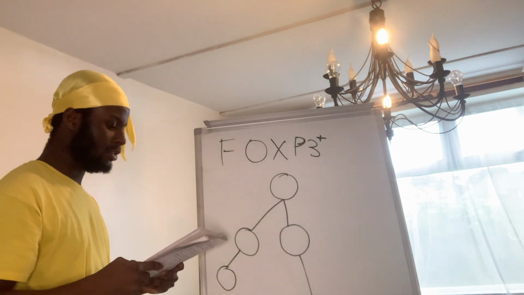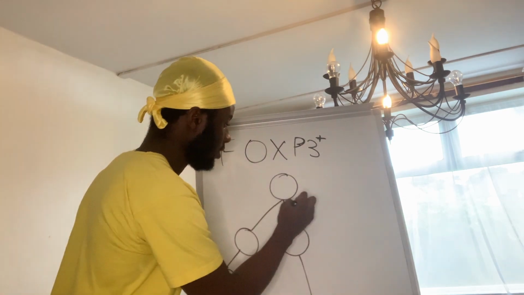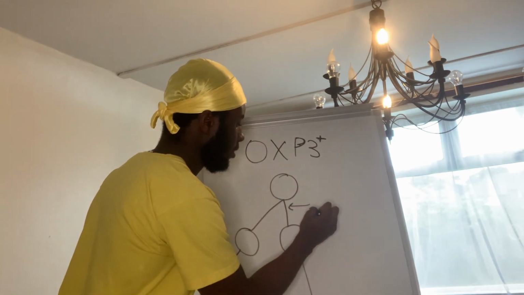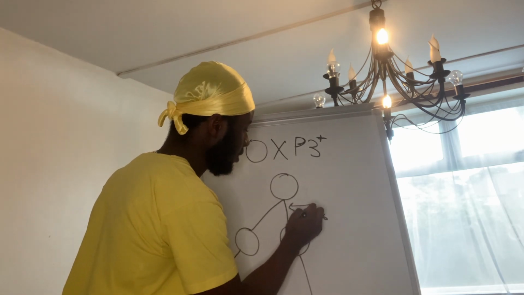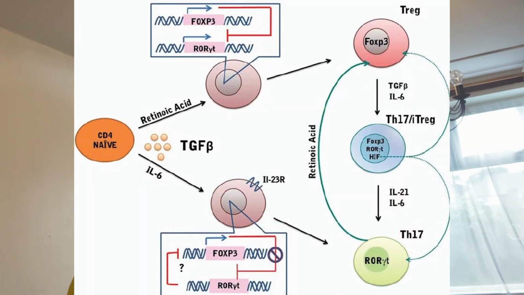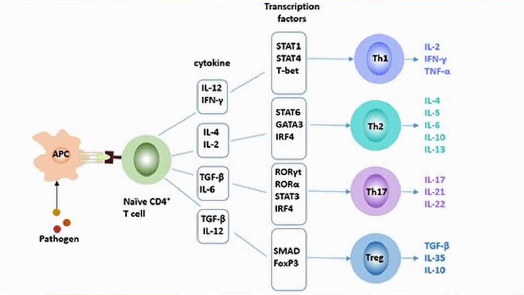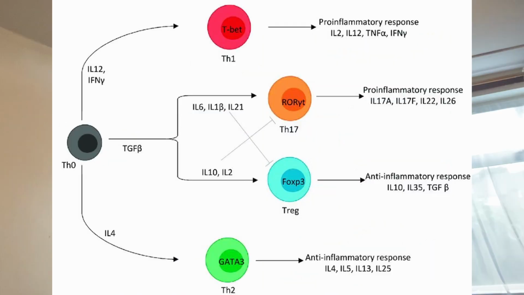So what I'm going to say is the presence of interleukin 6 and TGF-beta 1 changes the naive CD4 cell. This is a CD4 cell, I believe.